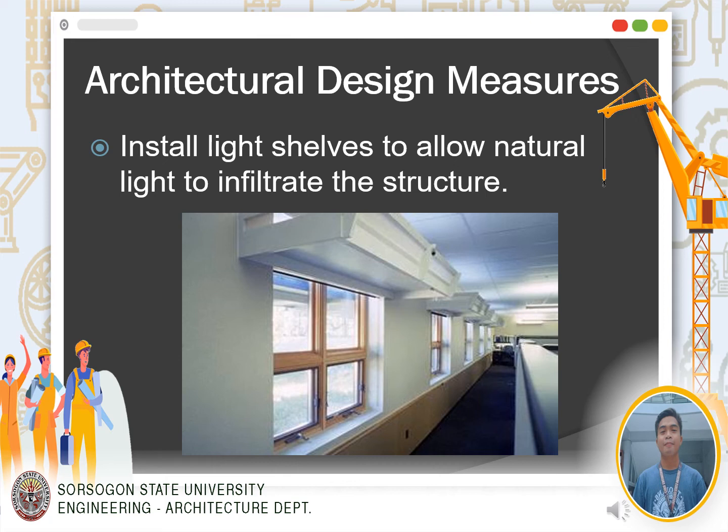The window to wall ratio and the size and placement of the windows are very important. You want to make sure the light shelves are placed correctly. They could be inside or outside depending on your climate and where the building is located relative to the sun angles.